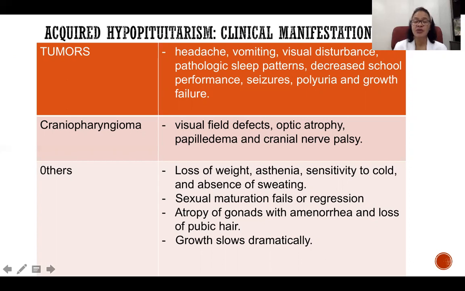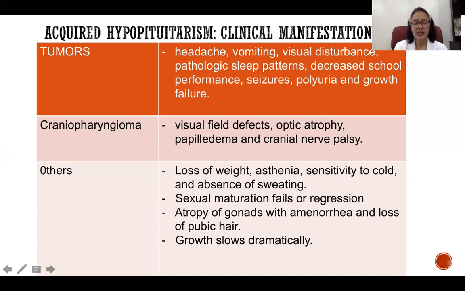Presence of seizures because of the compression inside the brain, or even presence of polyuria and growth failure. If the cause is a craniopharyngioma, most often the problem is a visual field defect. There might be optic atrophy, presence of papilledema, or even cranial nerve palsy.